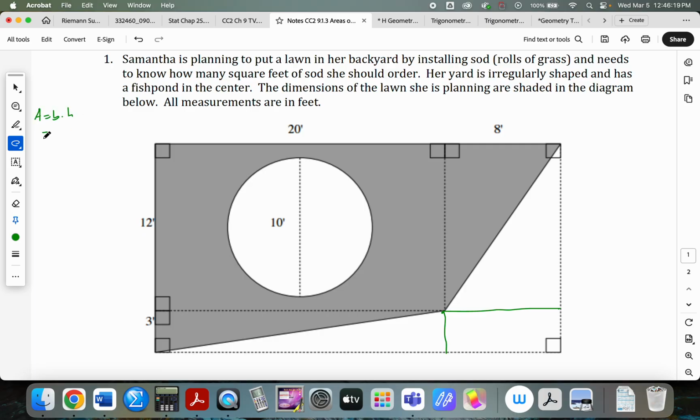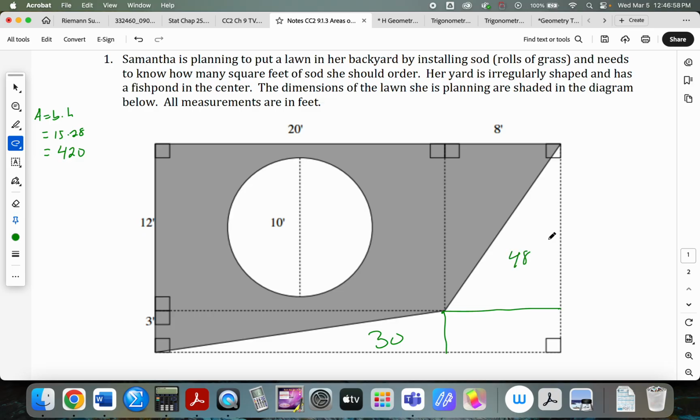For the big rectangle, it would be 15 times 28. Let's see, that's 300 plus another 15 times 8. Does that come out to be 420? I'm trying to do this in my head, and I'm not very good at it. 420? Thank you. And then I'm going to find the areas of all these things. We already know the area of this is 30. We already know that the area of this is 48.